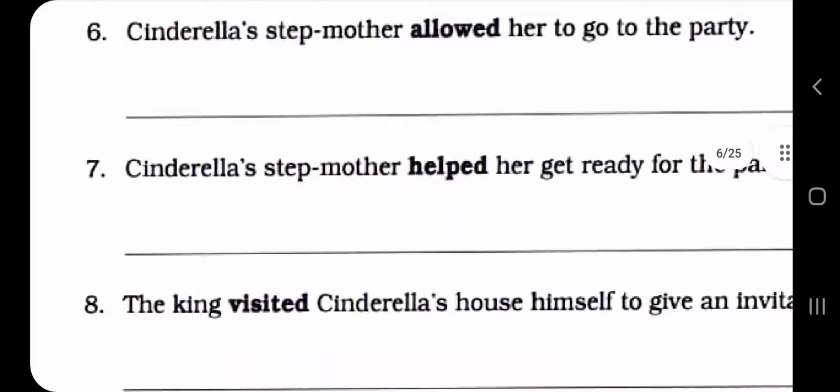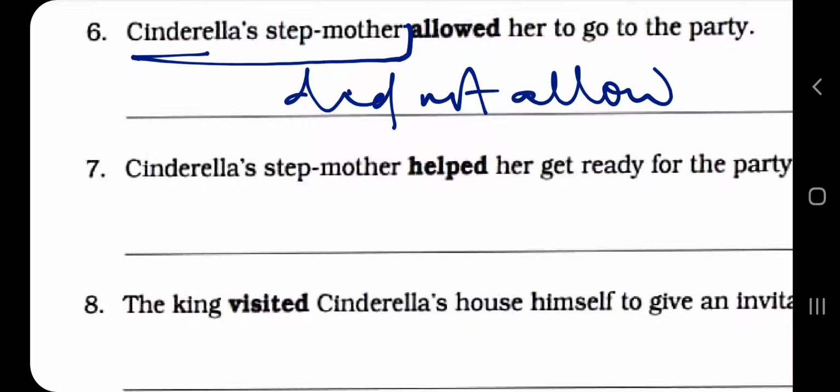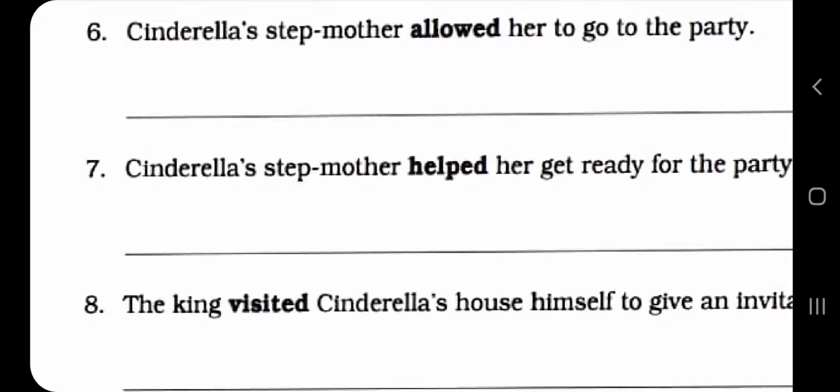Okay, here we still continue. Cinderella's stepmother. Now write the complete sentence. Did not allow her to go to the party. Cinderella's stepmother helped. No. Now you write this sentence and then did not help her to get ready for the party.